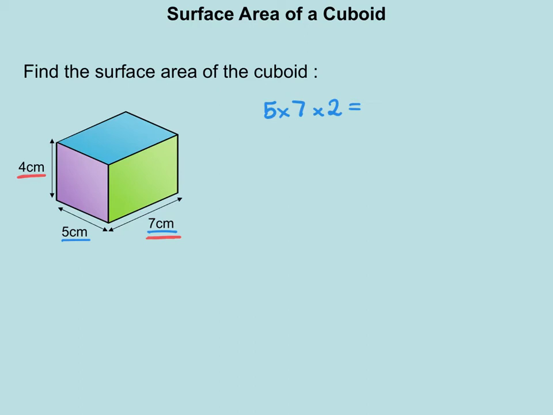Again, remember this means that one of the rectangles is a 7 by 4, but there will be 2 rectangles of that size. And what have I not paired together? I haven't paired together the 5 and the 4 this time. Okay, so pair together the 5 and the 4, and remember there will be 2 rectangles of that size, so I'm going to double.